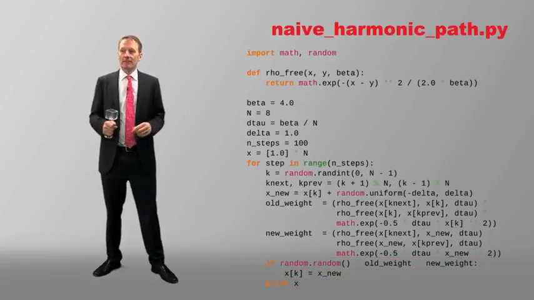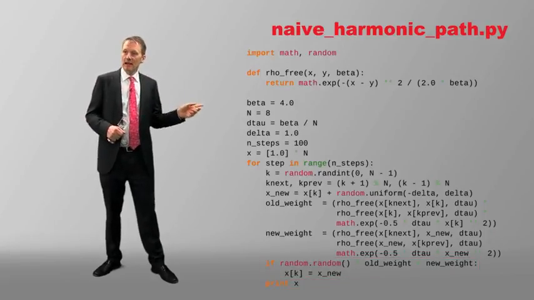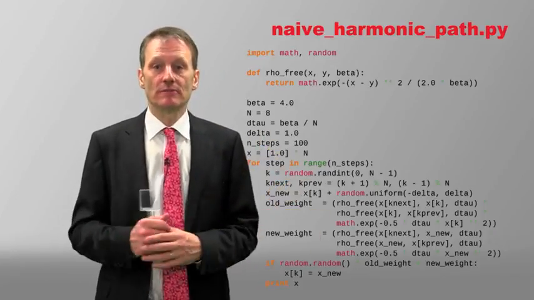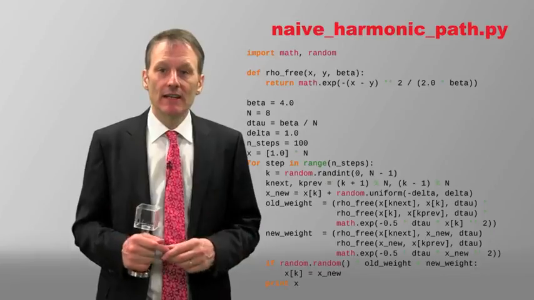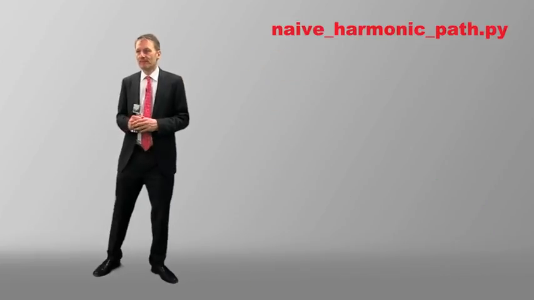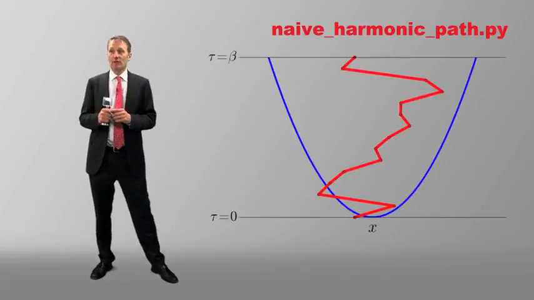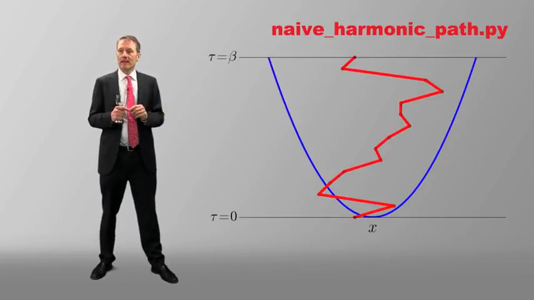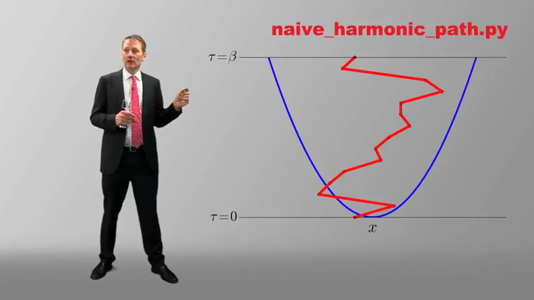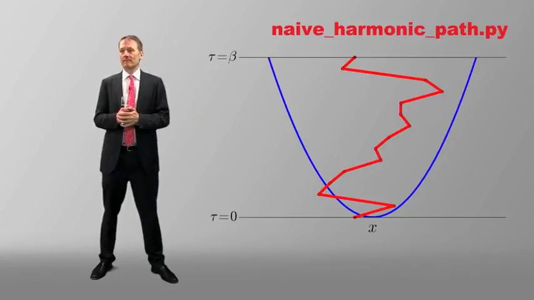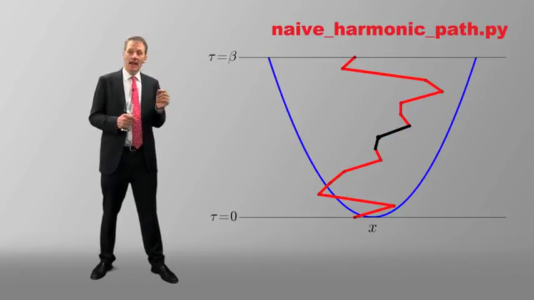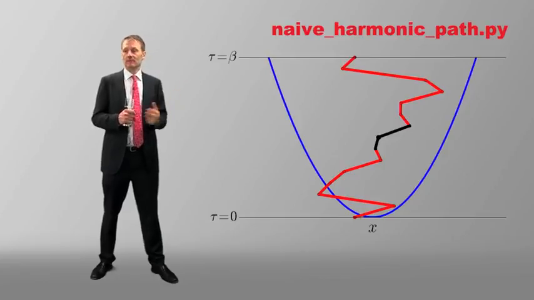Naive harmonic path satisfies detailed balance, is aperiodic and irreducible, but it is painfully slow. If we start at a configuration as the one shown here, the next configuration will be very little different from the one that we have already, because we only move one bead and we move it only by a little bit.